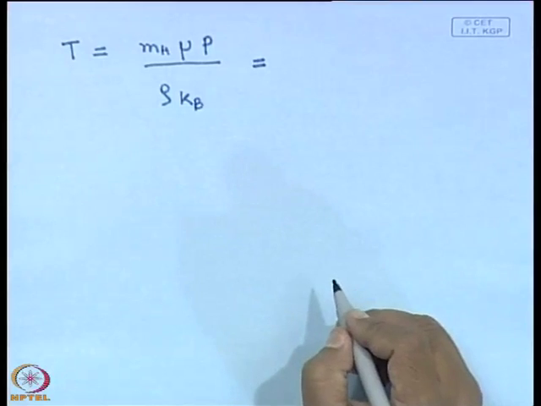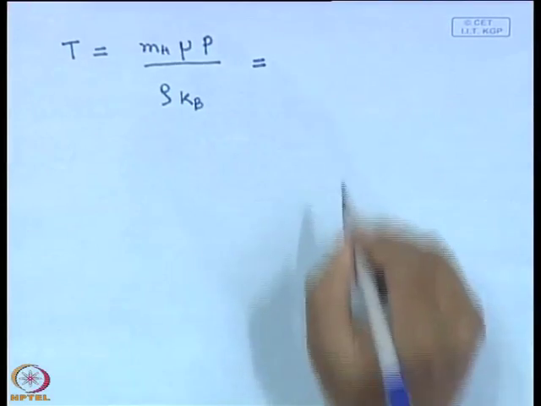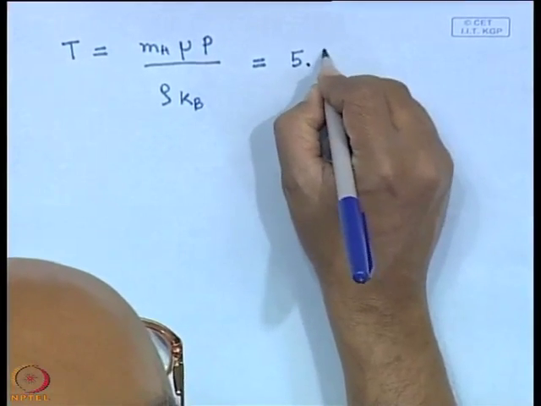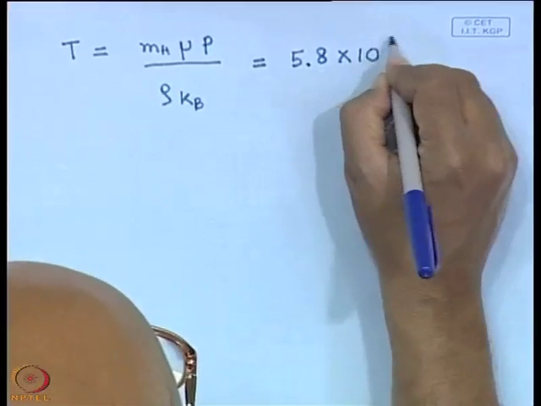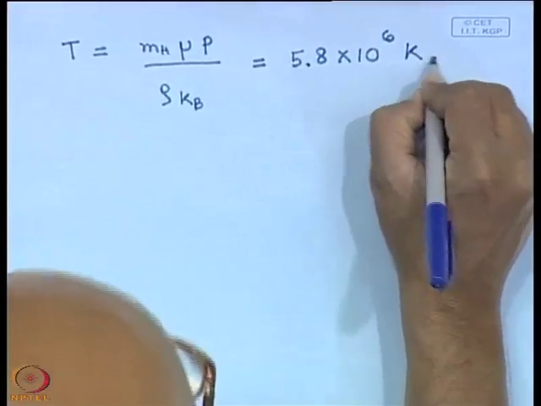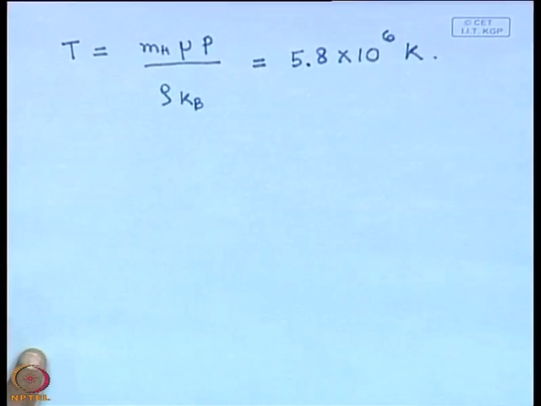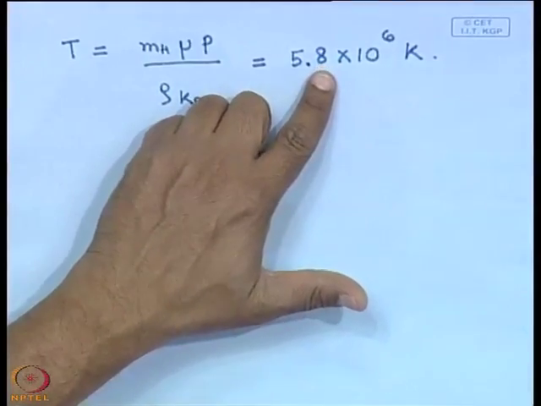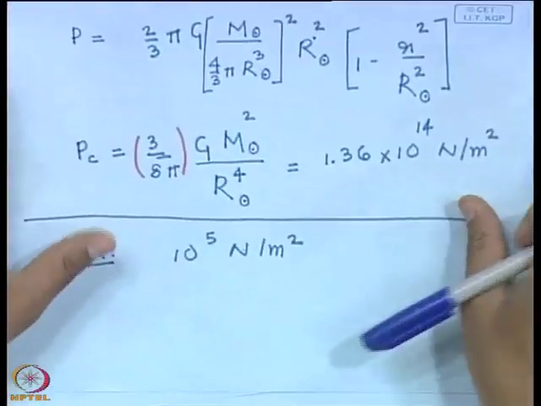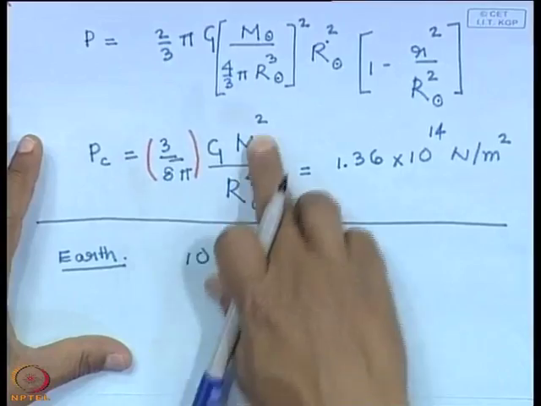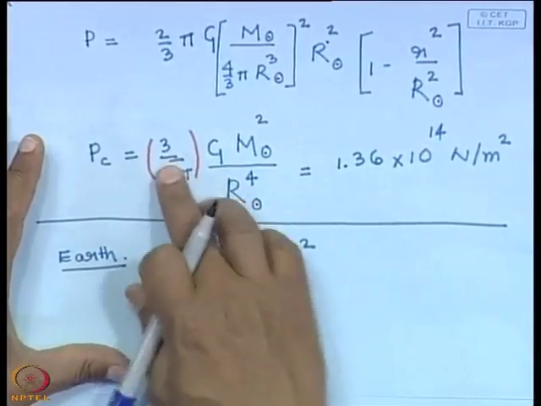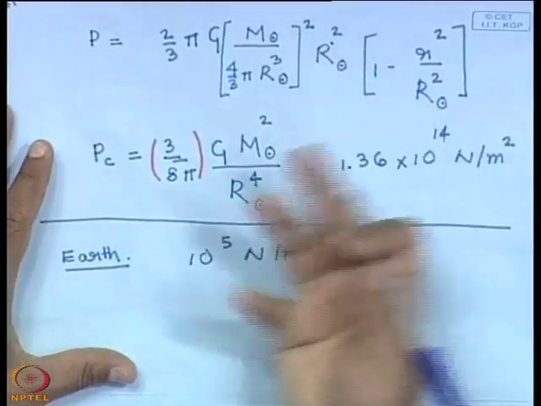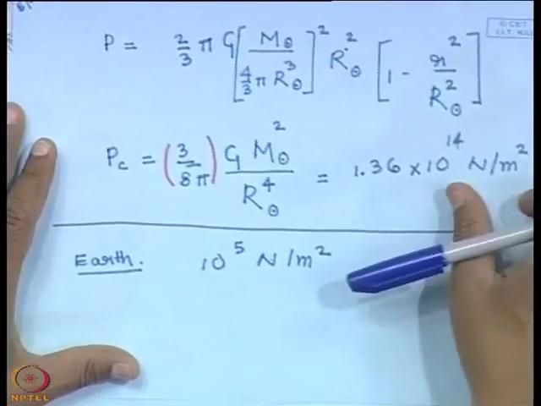The temperature comes out to be equal to 5.8 into 10 to the power 6 Kelvin, somewhere over here. Okay. So, again do not take this number very seriously. The main point is that the temperature also will scale proportional to these factors, and it will have some numerical factor which could be off by a few, say 1 order or so.